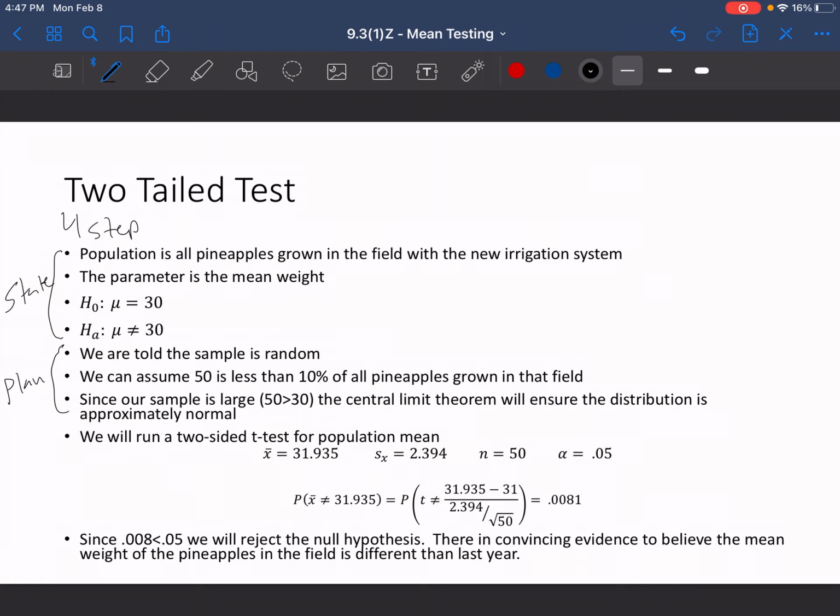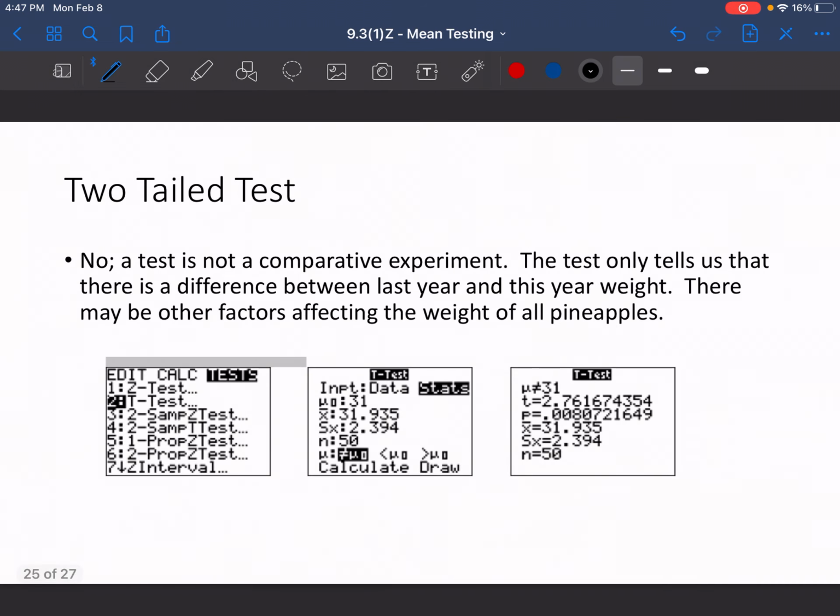From there, we need to do. So we need to find our test statistic and our p-value. And how we can do that is, again, go to stat tests and t-test, and we should be able to plug in our null mean of 31 with our sample mean of 31.935 and our standard deviation of 2.394, where the sample size is 50.